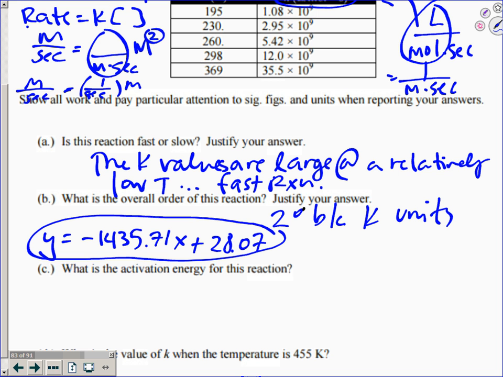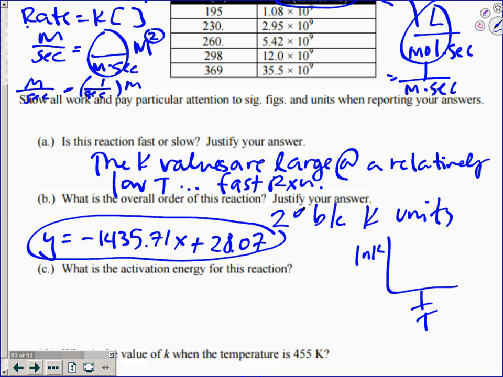Let's see, the units. For slope, it's negative activation energy over R, right? But it's a relationship between 1 over temperature and ln of K. The K units change every time because it depends on the order of the reaction.